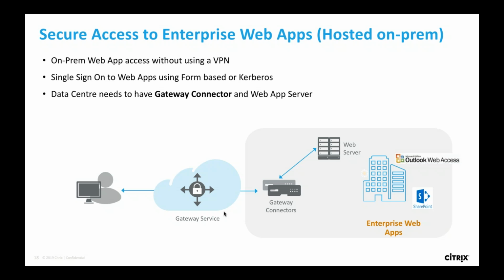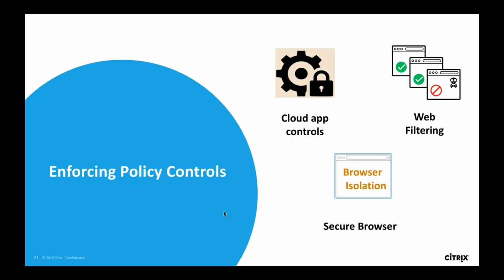So it makes the delivery of hosted web applications that much easier. The main benefit is you provide a modern, web-like experience for your end users to consume their web applications, similar to what they might be used to with SaaS.